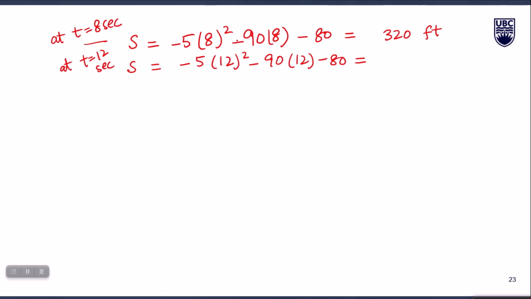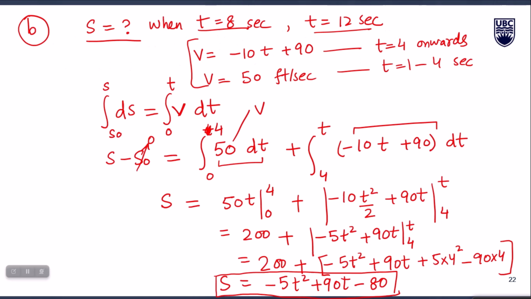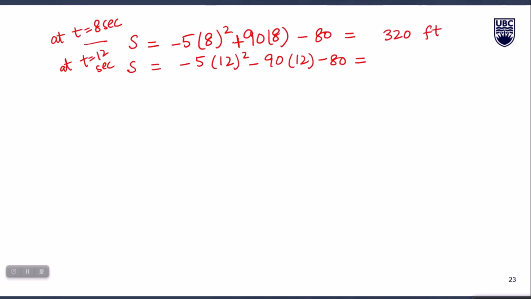Sorry, here it is plus actually. If I go back, here it is plus 90t. So I should have a plus here and also a plus here. This should actually give you 280 feet.